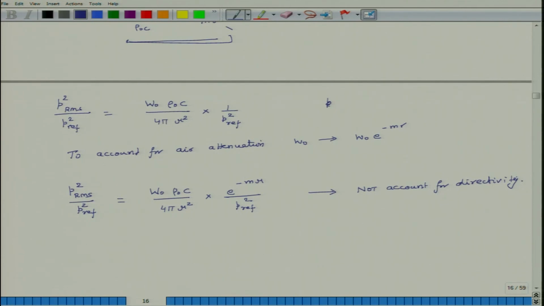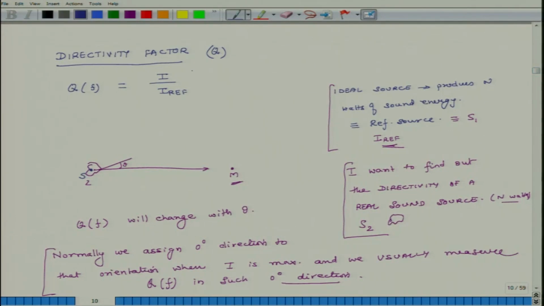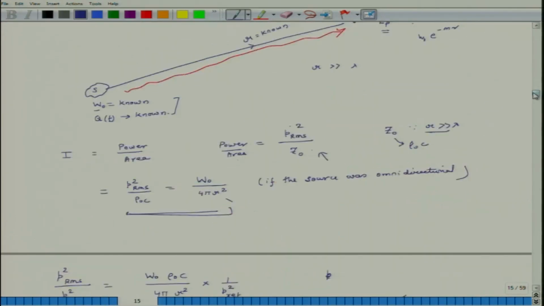And how did we define directivity? We said directivity is the ratio from the 0 degree direction to whatever direction we are interested in. This is where we had defined directivity, and directivity is a ratio of intensities. So, we come back to this, and what do we see?